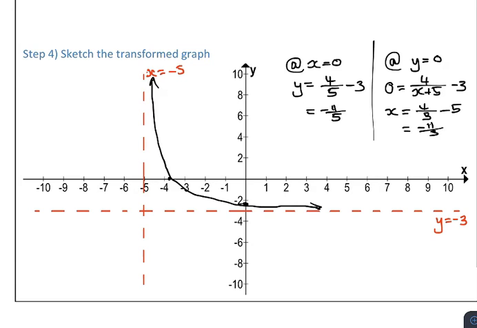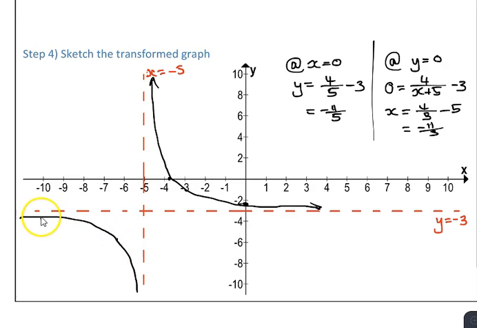Now, what we do know about a hyperbola is that there is a line of reflection through here, so there's symmetry, which means that if I've got these two points, I can also find approximately a point here and approximately a point here. This point relates to this one here. I've moved 3 units down, so -6, and I'm going to go across about 1 1/3, I believe it is, to get me to this point.